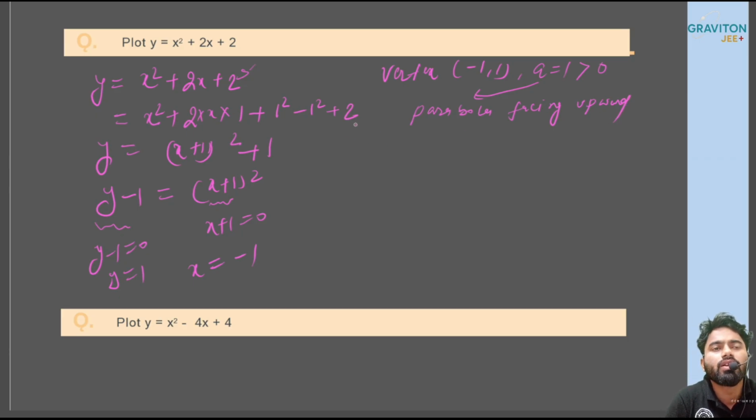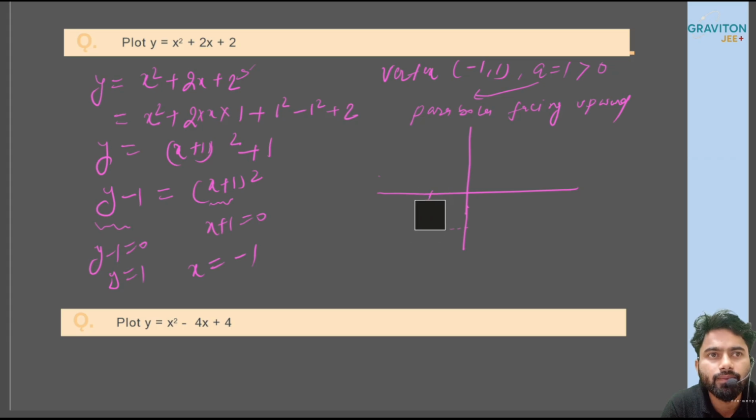Okay, now you look here. The vertex of this type of parabola is lying where? The vertex of the parabola lies here, x equal to minus 1 and y equal to plus 1.